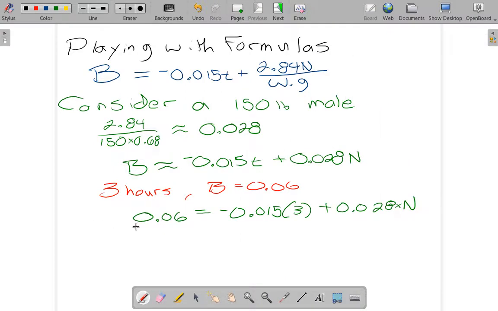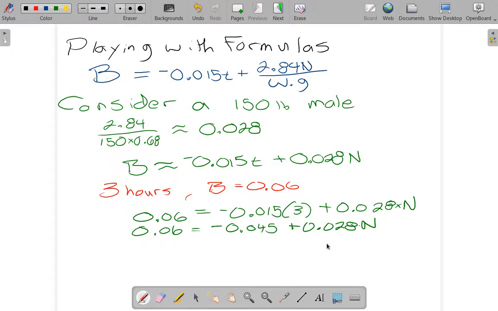So now I have 0.06 equals negative 0.045 plus 0.028 times n. Now I can't add these two numbers together because I have a multiplication here, and order of operations says you have to multiply before you can add, but I can't multiply because I don't know what n is. So that means I need to take this negative 0.045 to the other side.